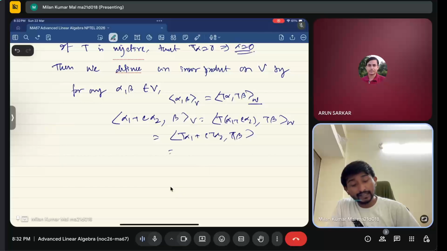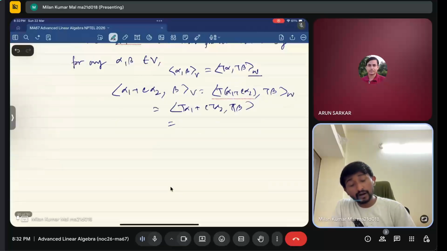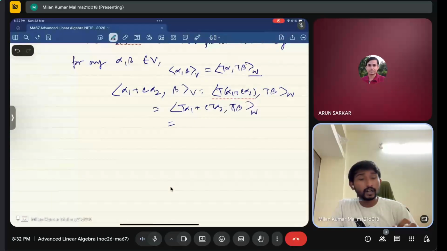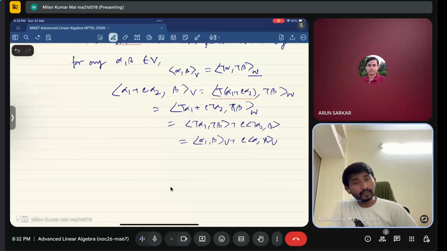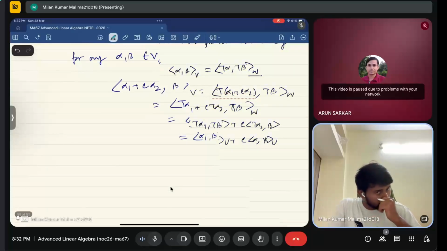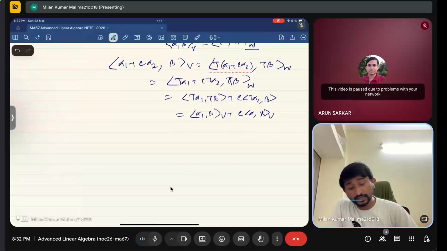Now I use the fact that this is an inner product in W, so it satisfies linearity. This is going to be the inner product of alpha 1 and beta in V plus C times the inner product of alpha 2 and beta in V. This way we get linearity in the first component, and we will get antilinearity in the second component. I will not discuss that.